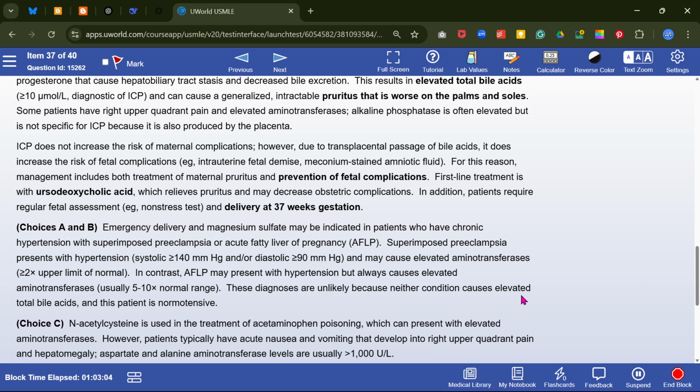In contrast, acute fatty liver of the pregnancy may present with hypertension but always causes elevated aminotransferase, usually 5 to 10 times the normal range. These diagnoses are unlikely because neither condition can elevate total bile acid, and the patient is normotensive.